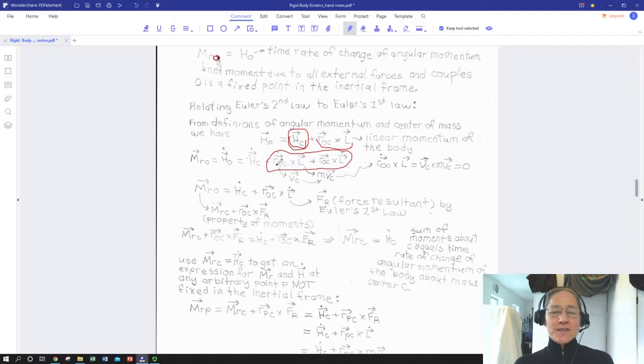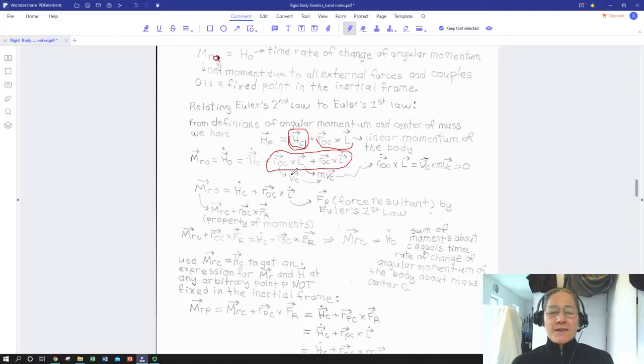As it turns out, this first term is 0, because when we take the first time derivative of our position vector from O to C, we get the velocity of point C, the center of mass in this case, with respect to our reference point O. So that's just v_C, which is the vector part of our linear momentum of the center of mass of that body, which is just m v_C.